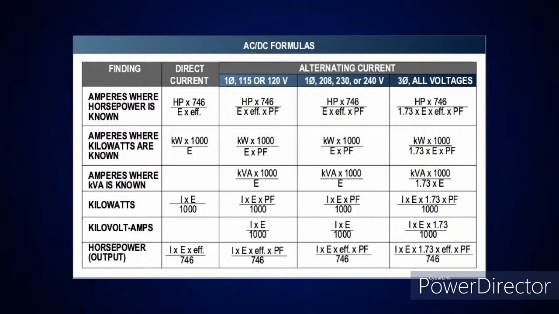These are the calculations you're going to use. Anybody that goes through any type of apprenticeship, these are formulas you need to learn. The reason we always start with this is because in some of the examinations, they're going to make you calculate and find some of this information, knowing how to apply these types of formulas.